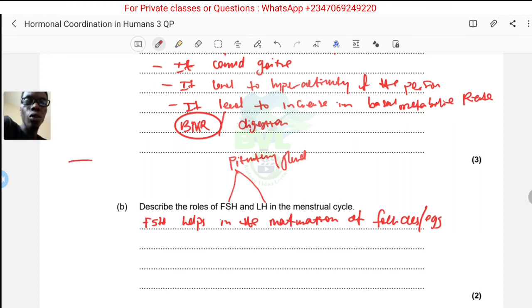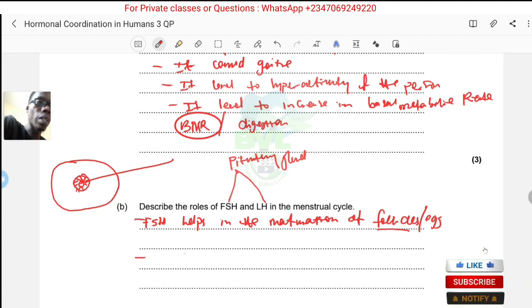If this is the ovary, you have the egg and the cell around it. The egg in the middle and the surrounding cells is what we call a follicle. That's why it's called follicle stimulating hormone. It stimulates the follicle, which means the egg and the surrounding cells, to grow, so to say.